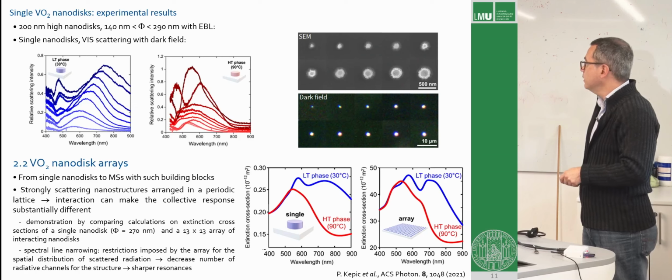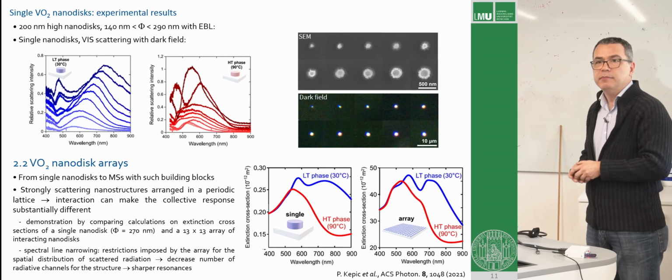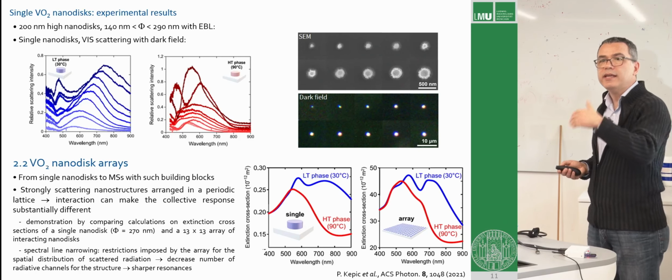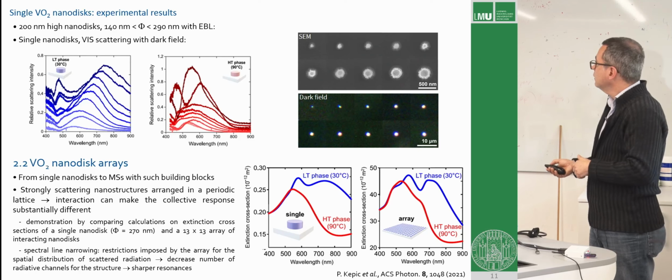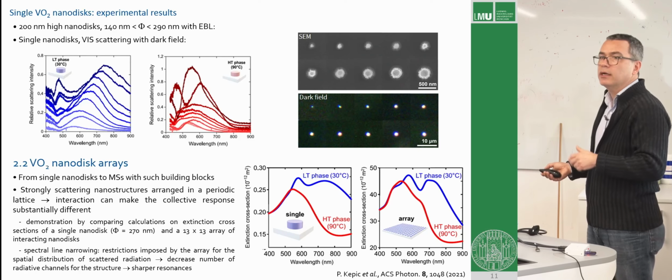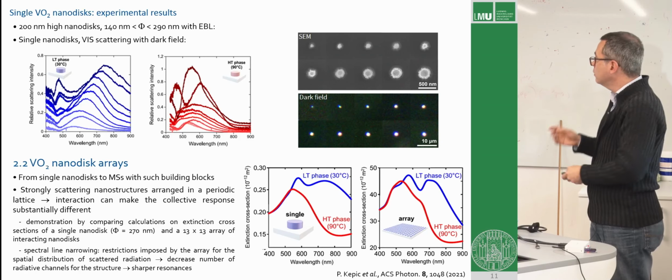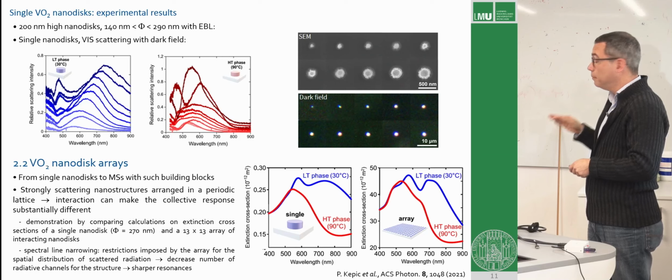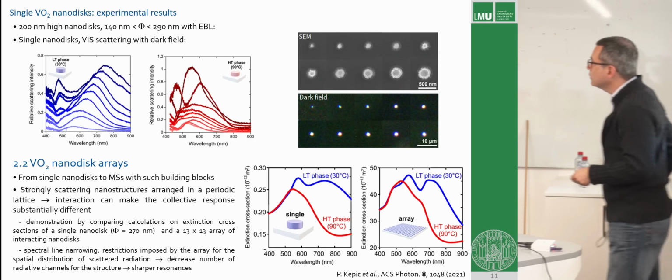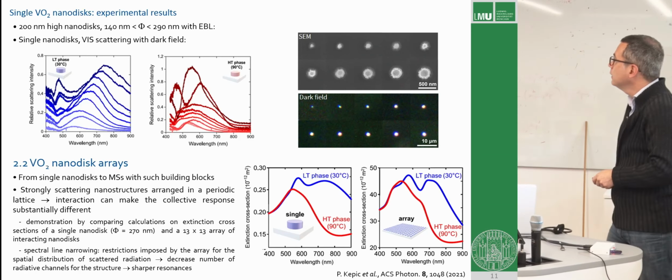It is 13 by 13 because we saw that if we increase the size of this array, the response, the spectra, did not change very much. So we stopped there with a smaller metasurface because then the computational time is shorter.